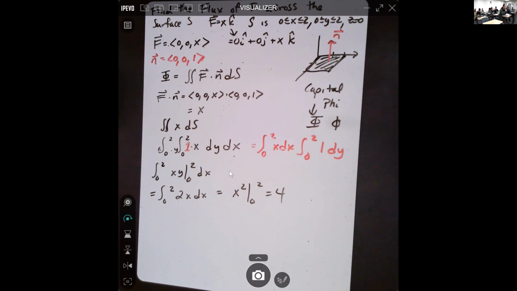Just 4, that's what my calculation got. It's kind of like figuring out how much heat is escaping a room or something. You guys ready for another one? That wasn't too bad, was it?